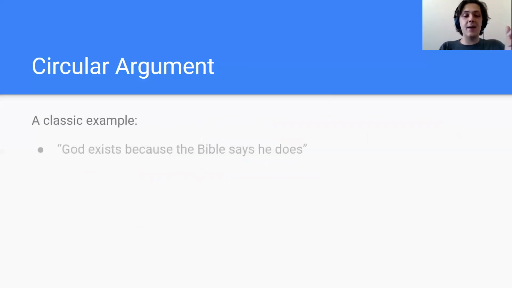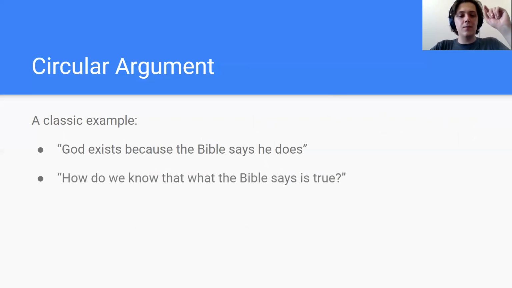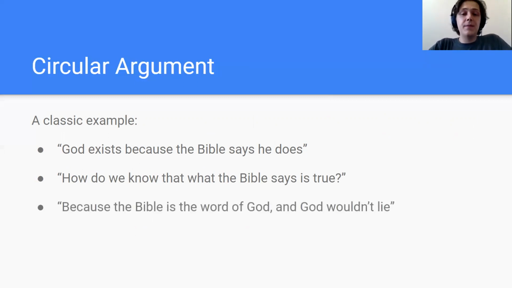So a classic example, someone says God exists because the Bible says he does, or we know God exists because the Bible says he does. All right, well, how do we know that what the Bible says is true? Because the Bible is the word of God, and God wouldn't lie. That's a circular argument. You have one claim, God exists because the Bible says he does, which is supported by the claim that the Bible is the word of God and God wouldn't lie.